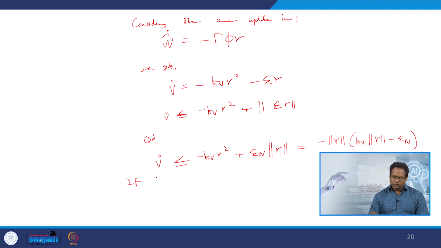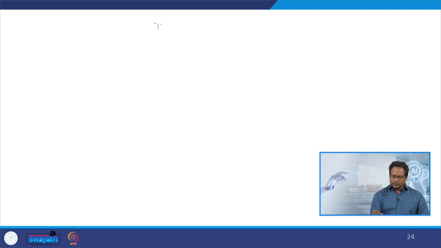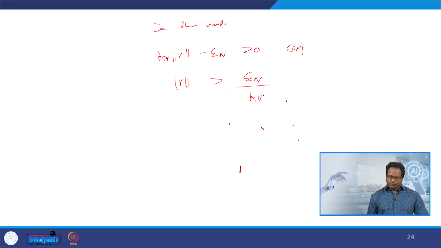Now, if kV into norm of r minus epsilon n is negative, the above expression will be negative as well. So, in other words, I can say kV into norm of r minus epsilon n greater than 0, or norm r greater than epsilon n by kV. Okay.